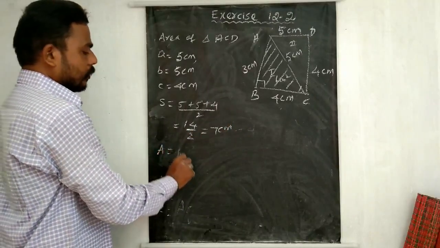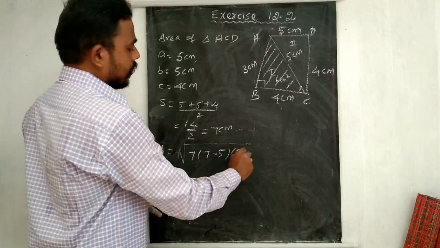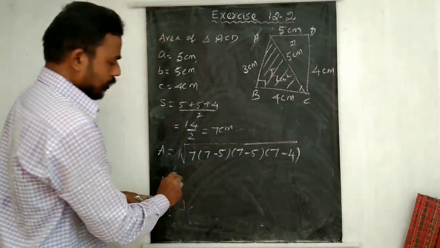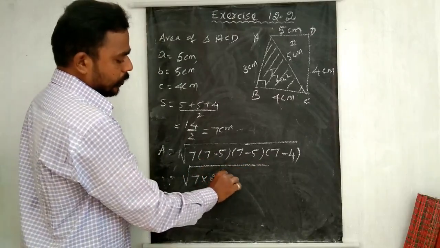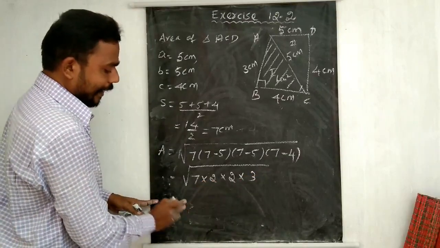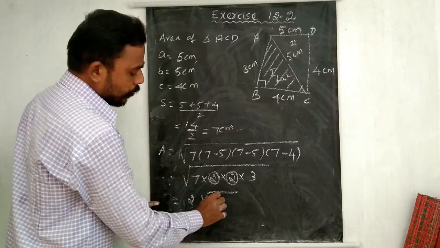Now area equals the square root of 7 times (7 minus 5) times (7 minus 5) times (7 minus 4). So square root of 7 into 2 into 2 into 3. One pair we can write outside, so 2 root 21.